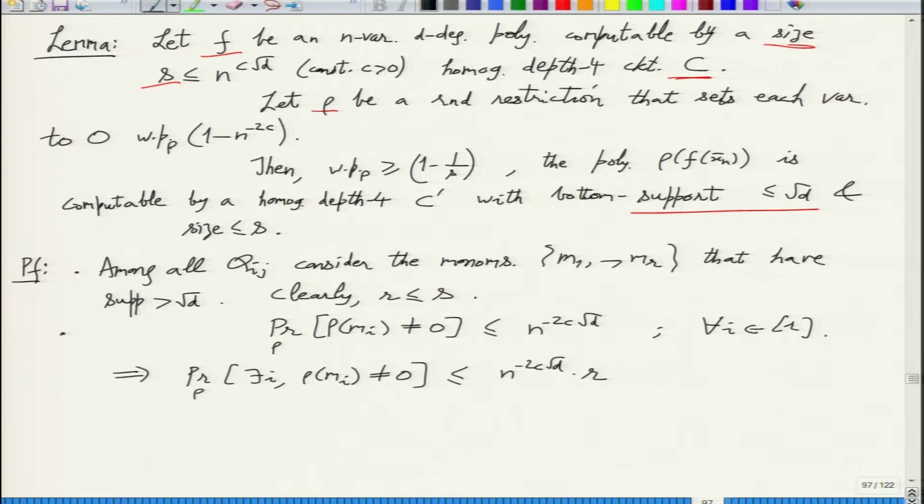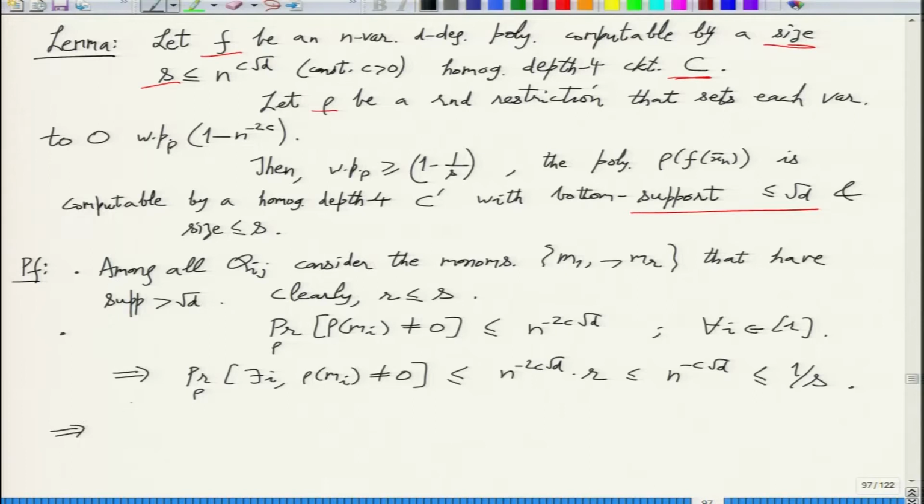R is at most S, which is at most n to the c root d. So this is less than or equal to n to the minus c root d, which is smaller than 1 by S. So the probability that some bad monomial survives rho is smaller than 1 by S.